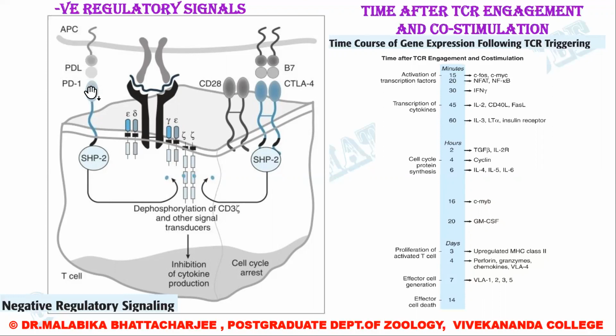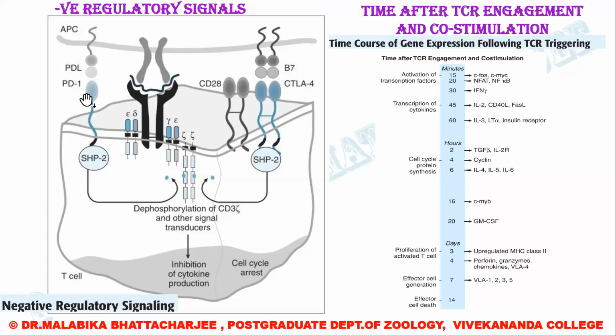When PD1 and the TCR are both engaged, PD1 transmits an inhibitory signal that shuts down the early steps of the TCR signaling pathway.